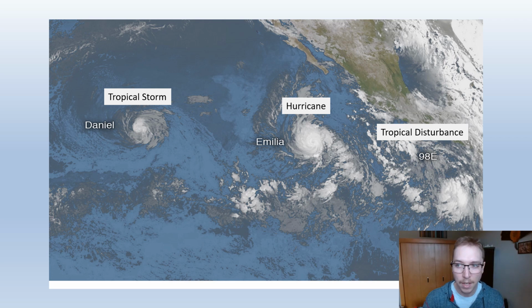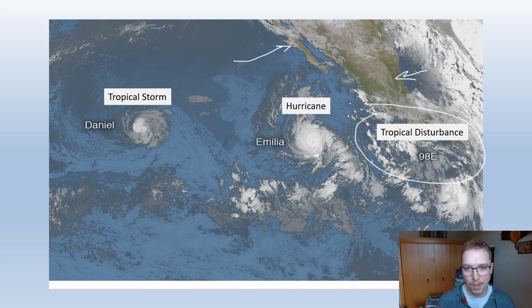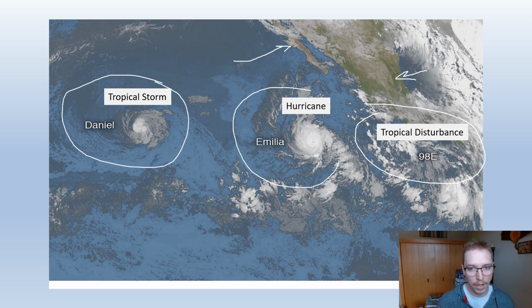Here we can see an infrared satellite image from 8 a.m. on July the 10th of 2012, showing 3 tropical systems over the eastern Pacific here. So we've got our Pacific Basin. The Baja Peninsula is right here. Mexico here. So we see a tropical disturbance, a tropical storm Daniel, and a hurricane. Now, just notice the intensification.